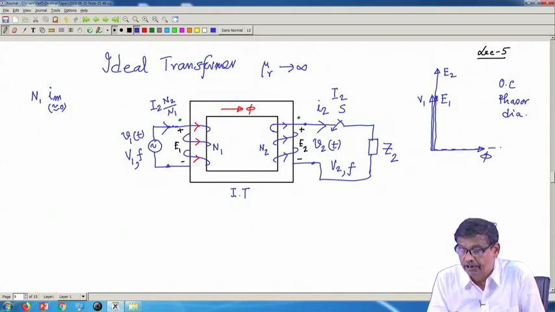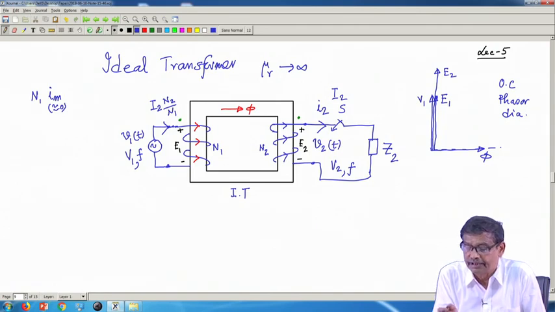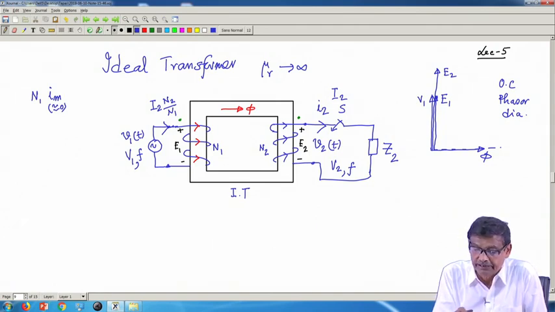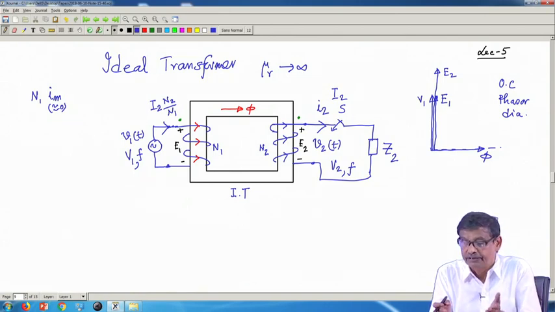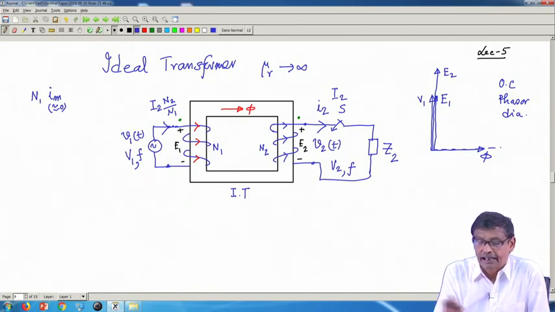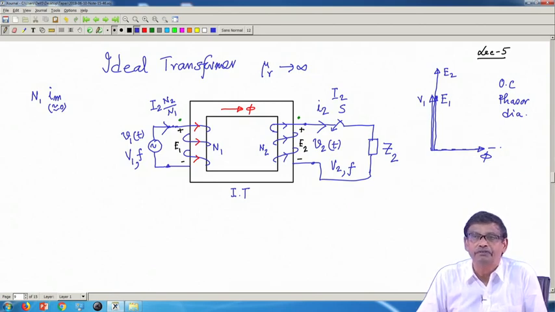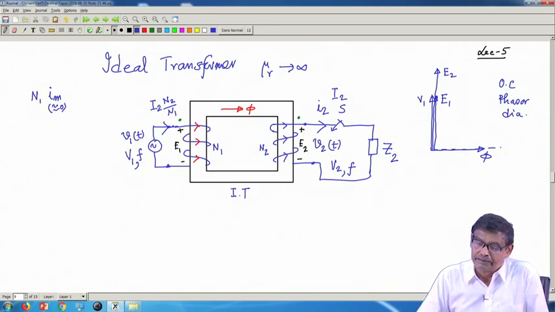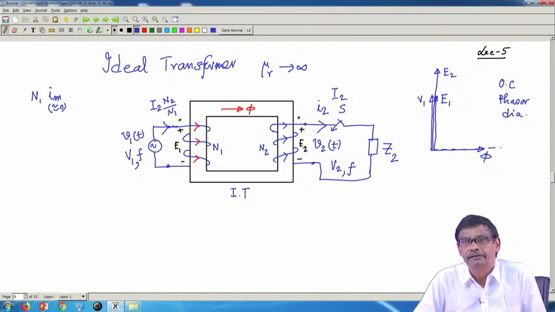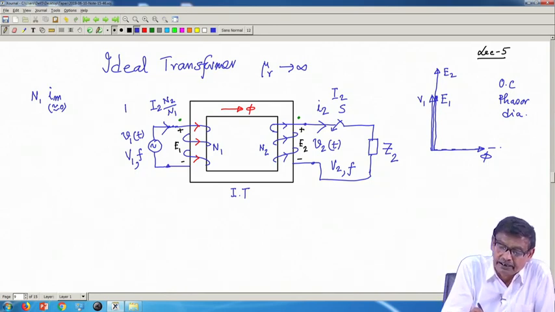What is the MMF of this coil? N2 I2, in the anticlockwise direction. And what is the MMF produced by this coil? It is also N2 I2, but in this direction. Therefore, these two MMFs cannot result in flux, and the primary's original vanishingly small magnetizing current will produce the necessary flux.